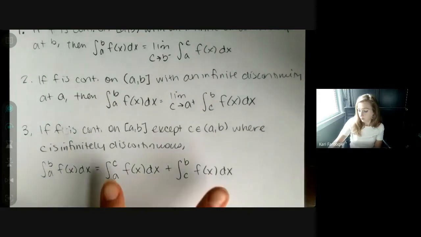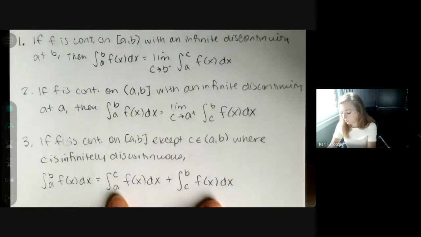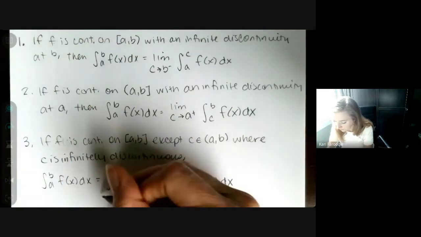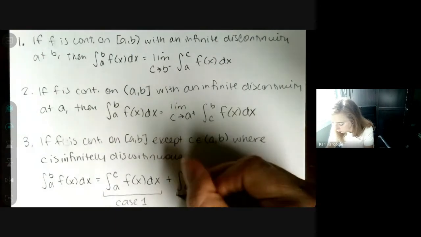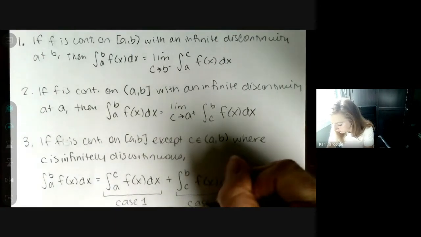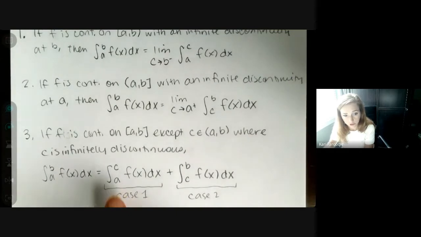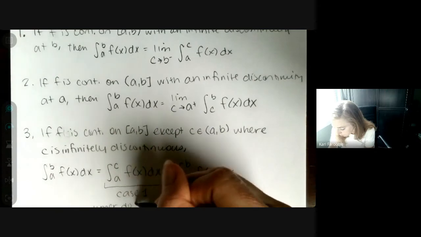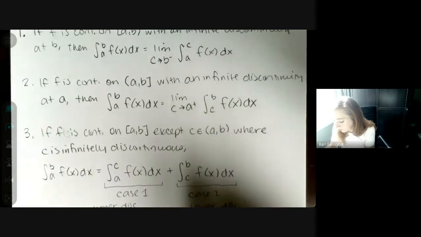And then each one of these intervals would give you a specific case. So this would be like number 1, and then this would be case 2. Because in this case, your upper limit is an infinite discontinuity, upper discontinuity, and this would be the lower discontinuity.